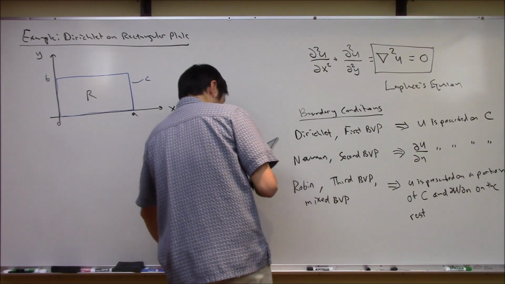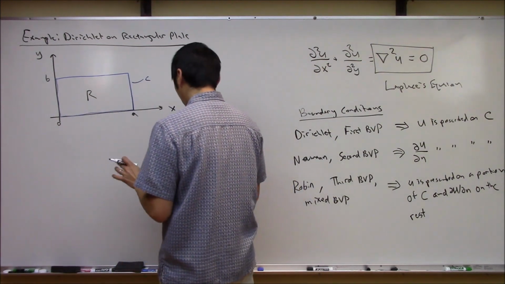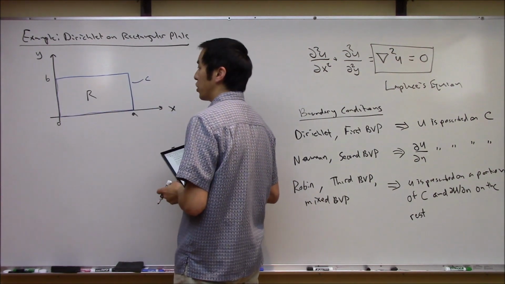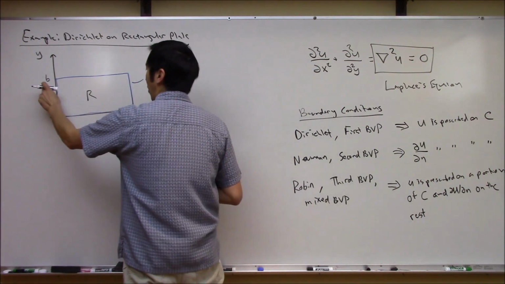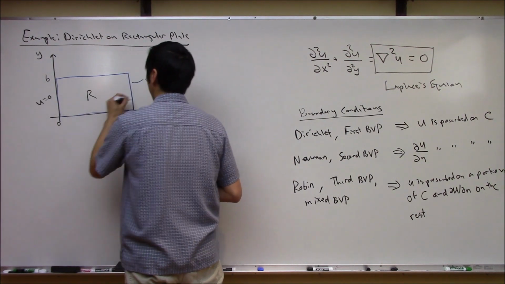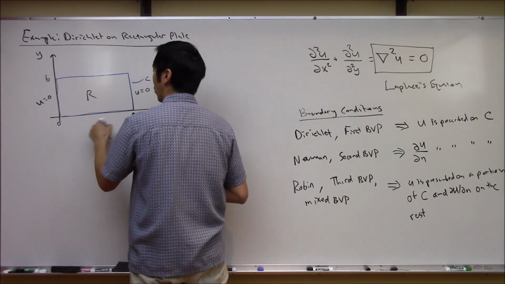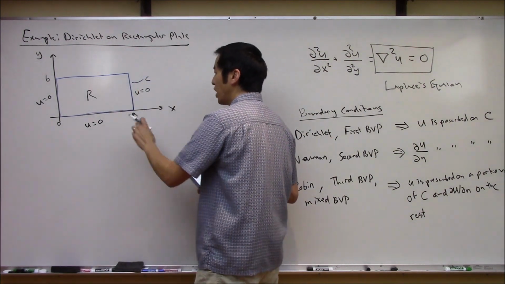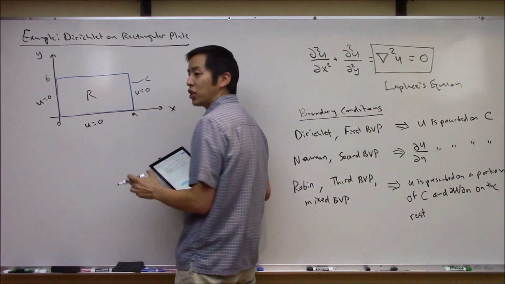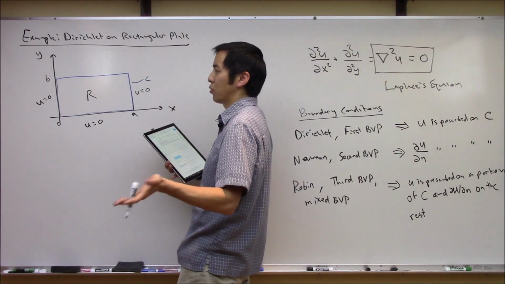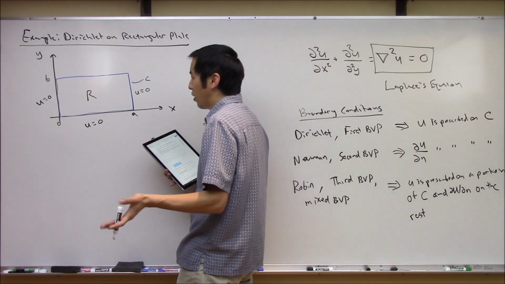What I'd like to do is prescribe the temperature all around this plate. Along the two sides, let's say that u is equal to 0, and as well at the bottom, u is equal to 0. So this plate is wedged into ice on three edges, which keeps it at 0 degrees Celsius or whatever. It's just a mathematical oddity at this point.